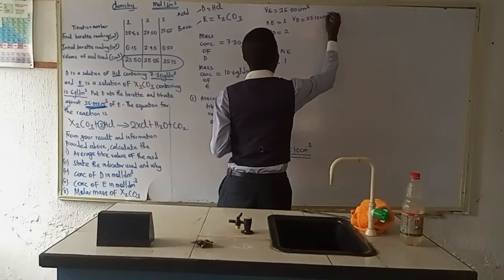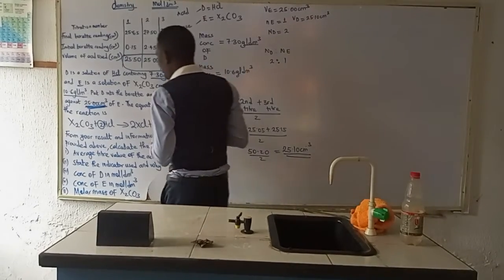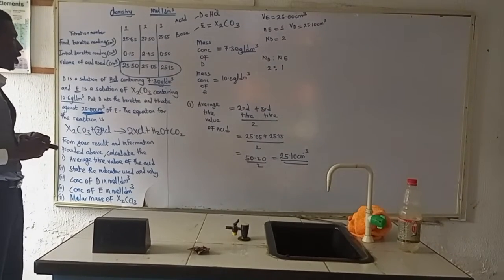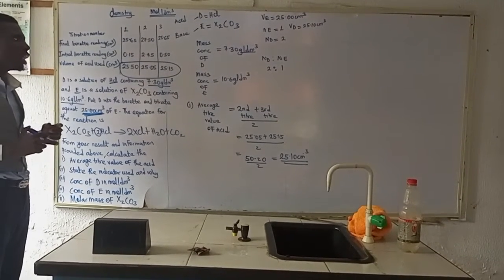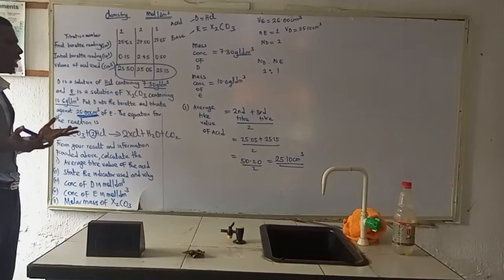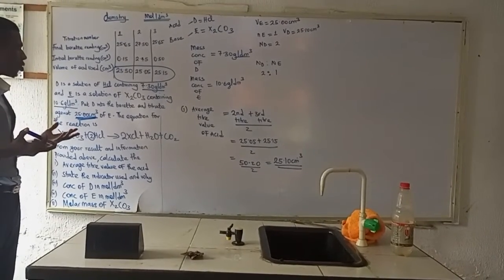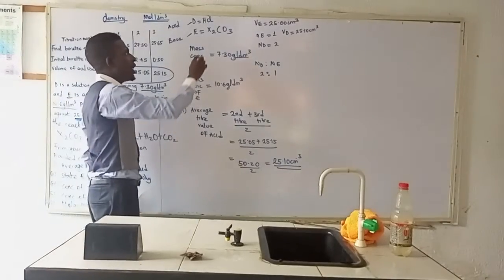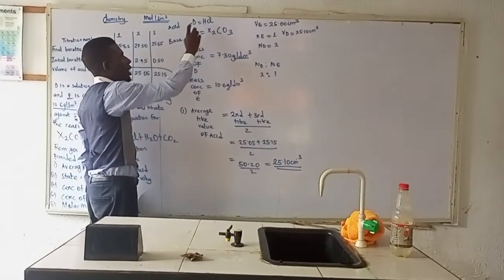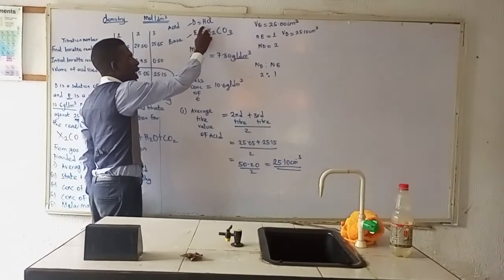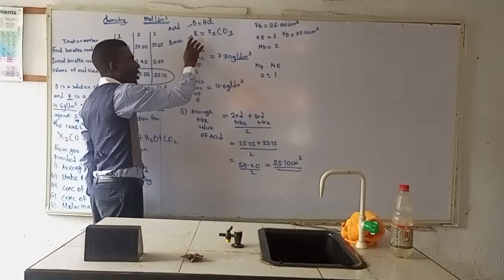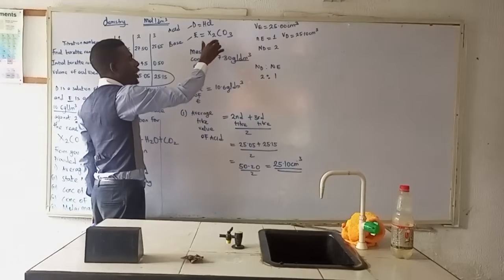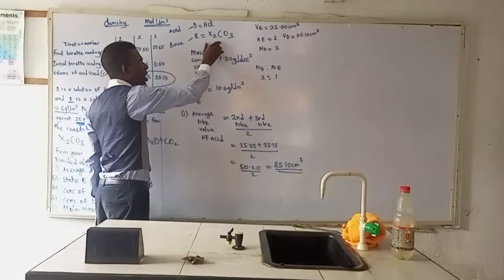Now the next question is: state the indicator used in this particular titration experiment and why. In this experiment, our acid happens to be hydrogen chloride, which is a strong acid, and our base happens to be Na2CO3, which is a weak base.